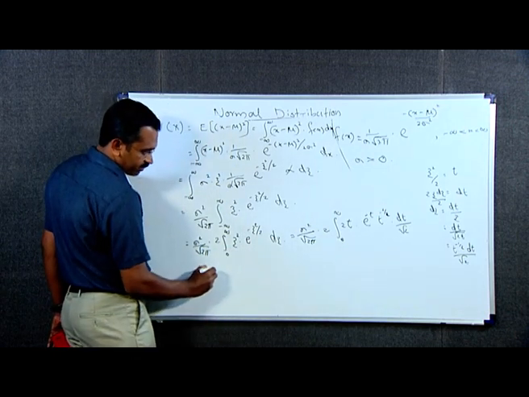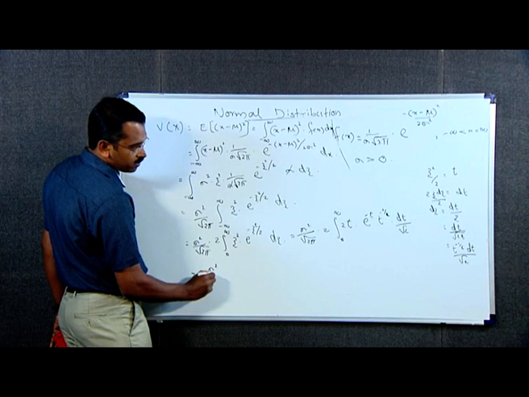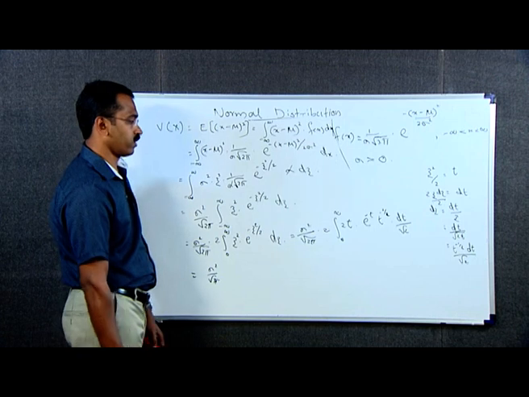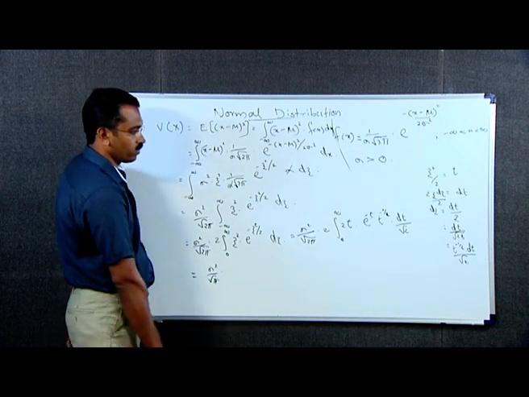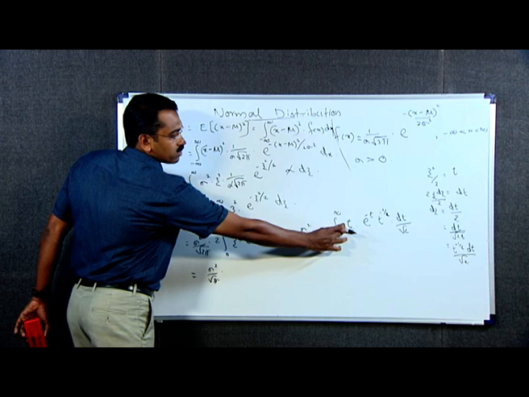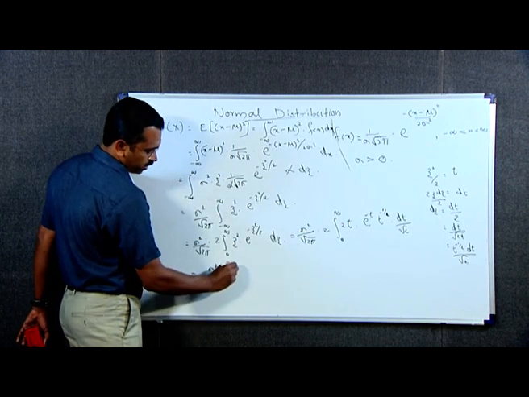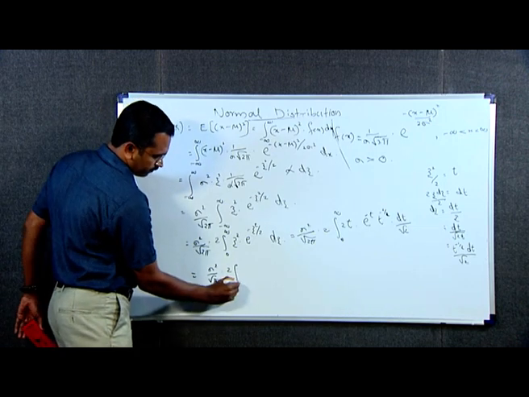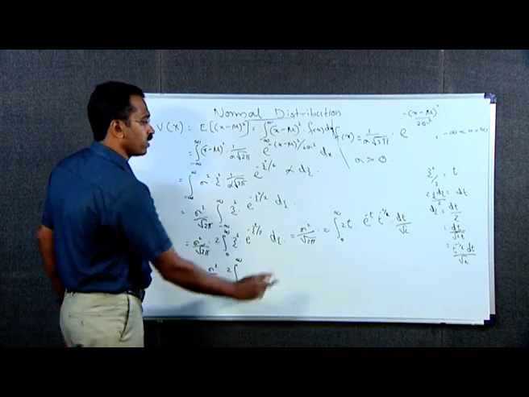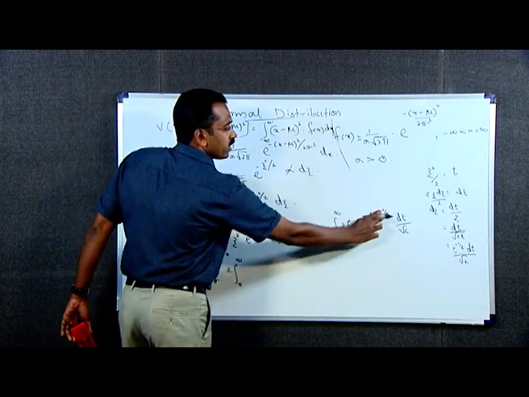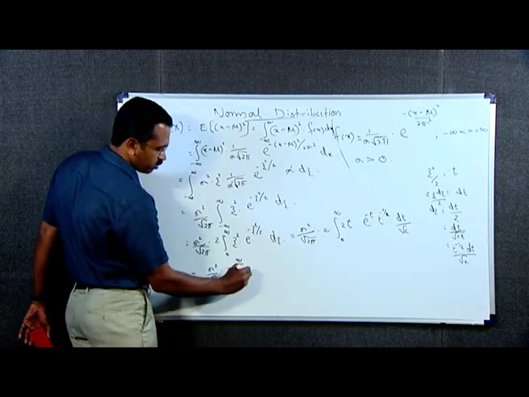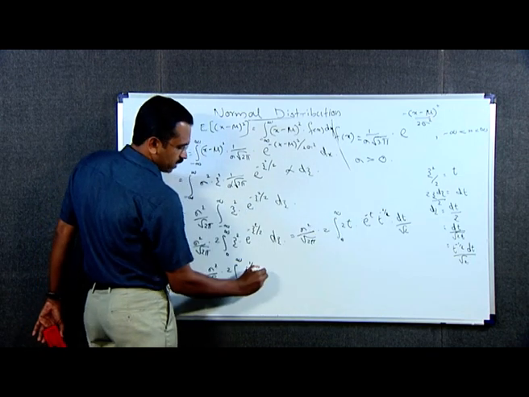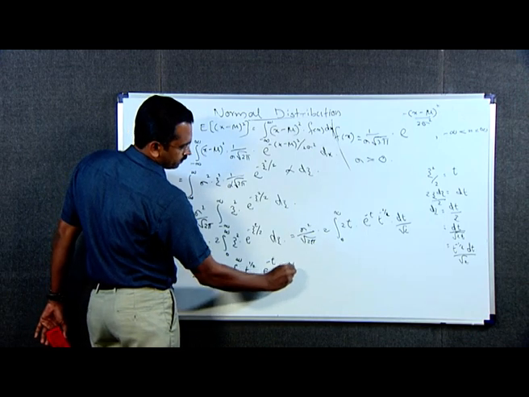The remaining terms are sigma square divided by root pi into, once again 2, that means 2 into integral from 0 to infinity. Here t raised to 1 into t raised to minus half means t raised to half into e raised to minus t dt.